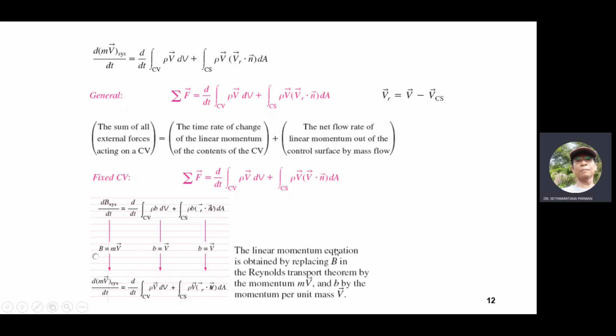It means the linear momentum equation is obtained by replacing P in the Reynolds transport theorem by the momentum mV, and small p by the momentum per unit mass, V. So this equation is known as the expression of the Reynolds transport theorem.